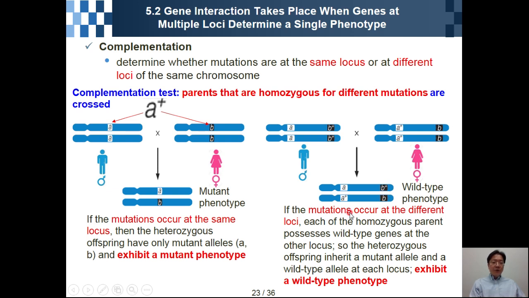So if the mutations occur at different loci, each of the homozygous parents possesses wild type at the other locus. So the heterozygous offspring inherit a mutant allele and also inherit a wild type allele together, so they will exhibit a wild type phenotype. So this is the complementation.